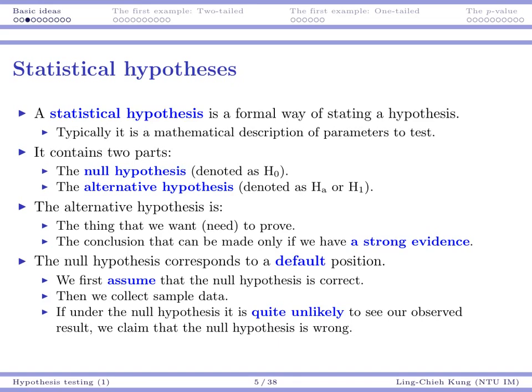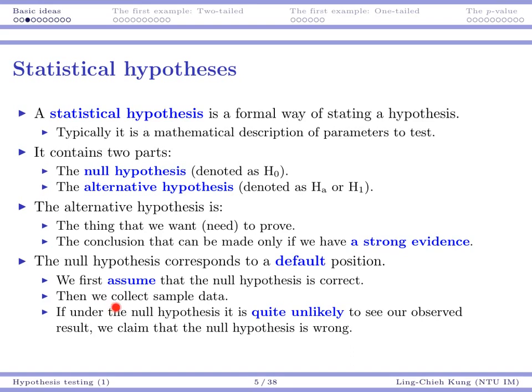Okay, so if we see something that provides strong evidence to us, then we conclude that the alternative hypothesis is true. On the other hand, the null hypothesis is actually our default position. Before we collect any data, before we see anything, we would assume that the null hypothesis is correct. So that's our basic idea, that's our default position about the unknown.